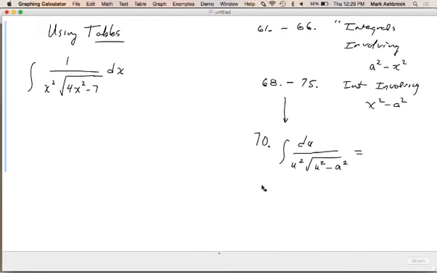It's going to be the natural log of u plus the square root of u squared minus a squared, minus the square root of u squared minus a squared over u.